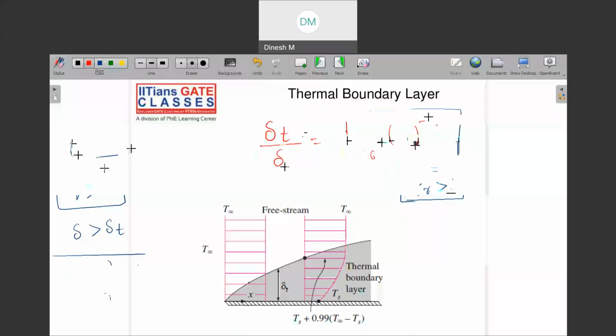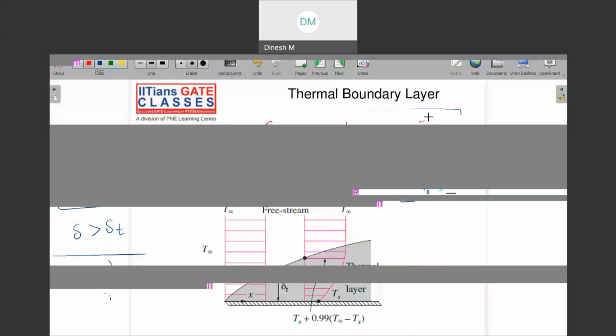Why? Because your plate temperature is higher. Then you will find the free stream at delta not infinity. So let us now quickly analyze what is happening here simultaneously.